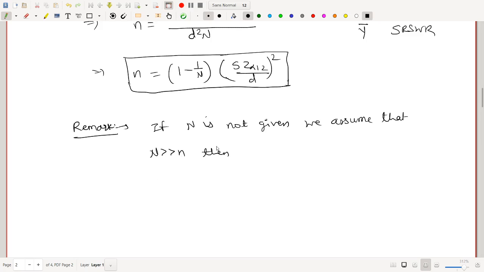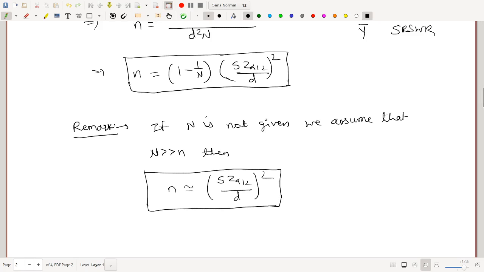If N tends to infinity, then 1 upon infinity will be 0, so 1 minus 0 becomes 1. In that case, n will be approximately equal to (S into z alpha by 2 by d) square. So when capital N is not given, we can find the sample size by using this formula.